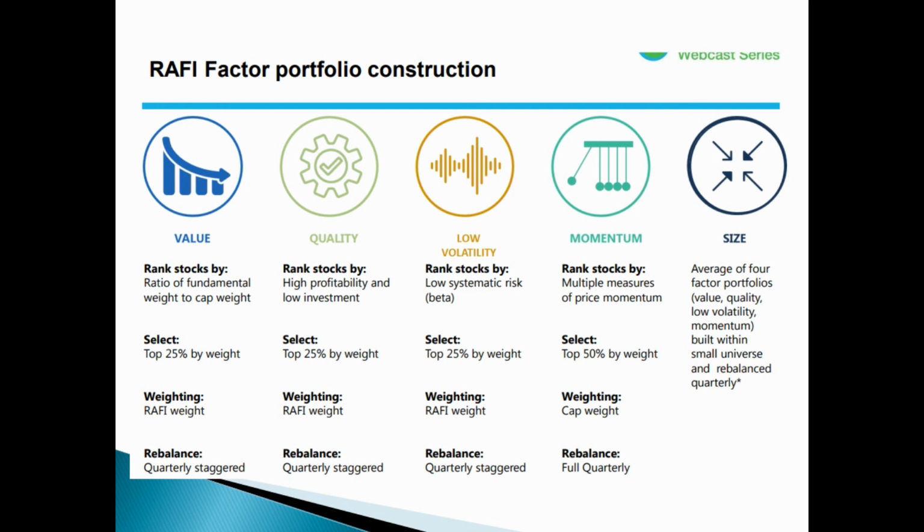So it's not just a static allocation, but it will slightly vary over time to try to avoid long periods of underperformance by a single factor. So at a time a certain factor is out of favor, it will still have some exposure to the factor. It just won't have as much exposure to that factor.